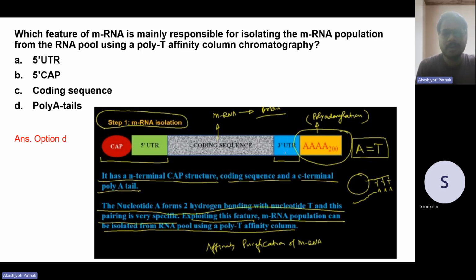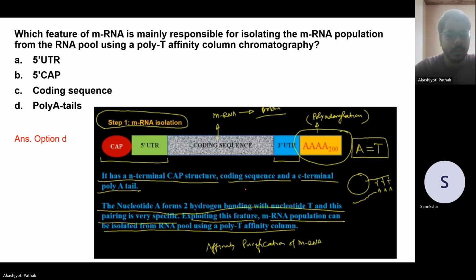This feature is utilized for isolating the mRNA from the other RNA populations. The nucleotide adenine forms two hydrogen bonds with thymine, and this pairing is very specific. Exploiting this feature, the mRNA population can be isolated from the RNA pool using a poly-T affinity column.